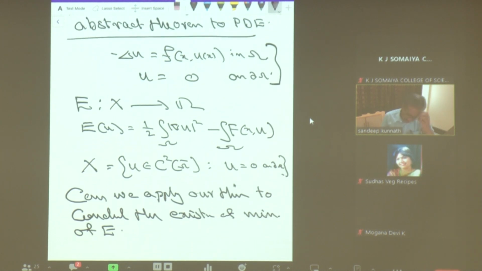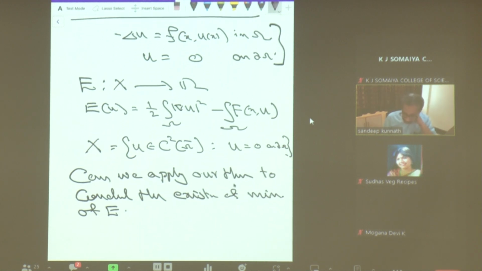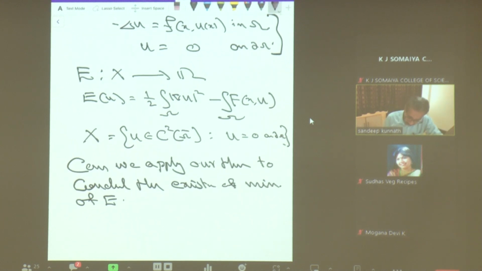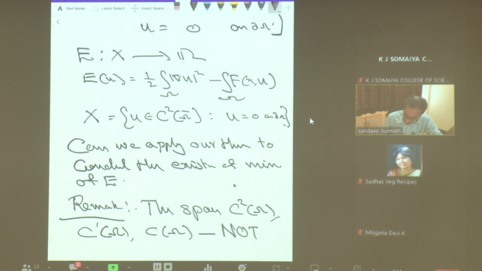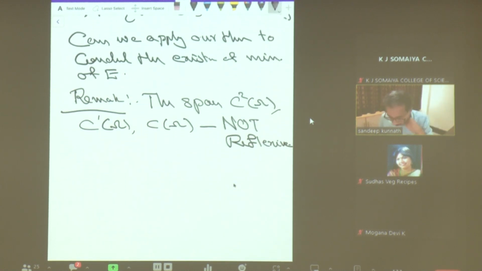So the first condition in the theorem is that it should be a reflexive Banach space. Okay, but the unfortunate problem is, a remark: all these spaces like C2 of omega, C1 of omega, C of omega are not reflexive.